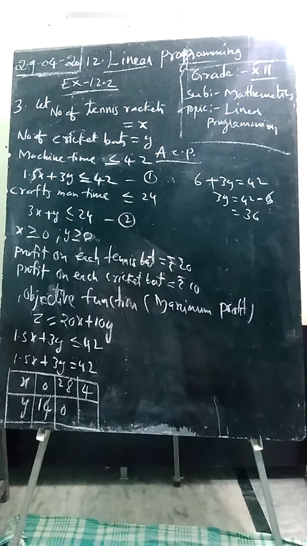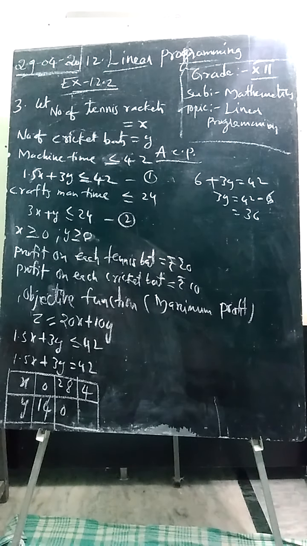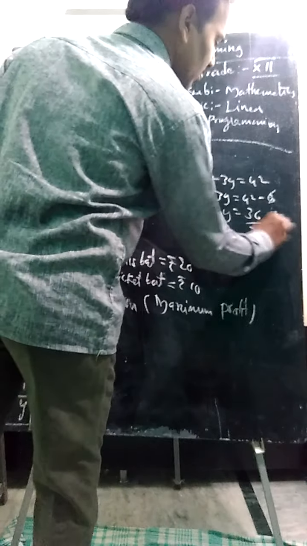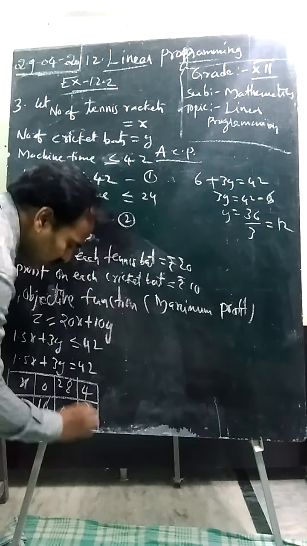So y will be 12. Like that we will find the possible y value. That is 12 we get. So put here.